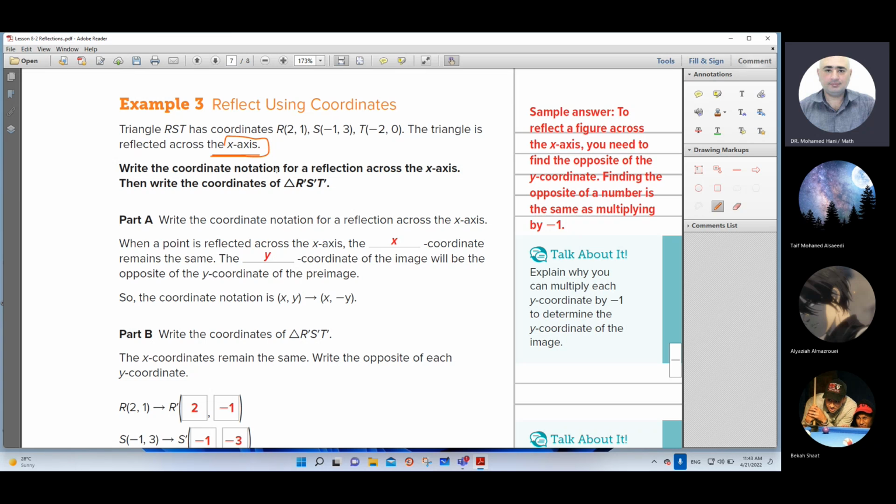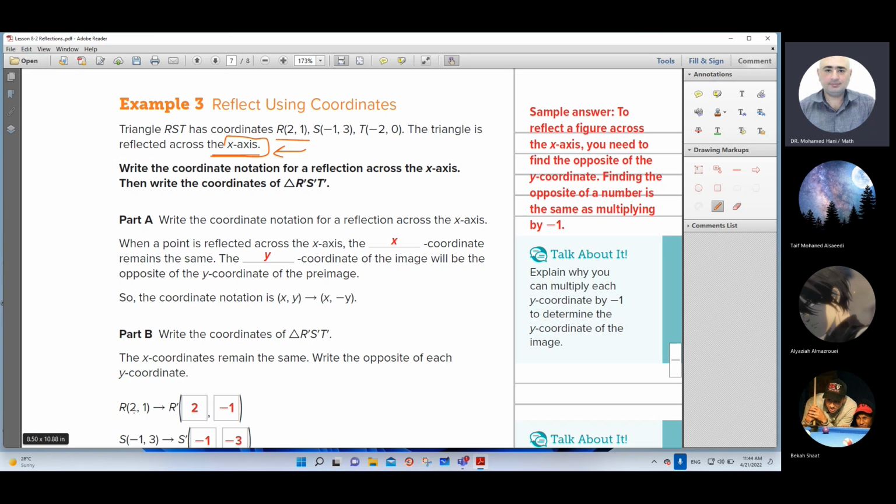Write the coordinate notation for a reflection across the x-axis, then write the coordinates of the triangle R prime, S prime, T prime. We can write the coordinates directly without a graph. If we know the line of reflection is the x-axis, keep the same x and take the opposite y. So R(2, 1) will be R prime (2, -1).